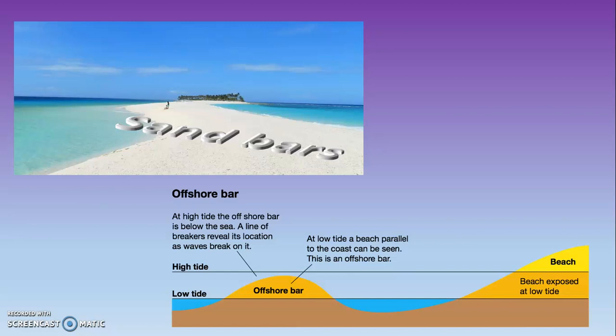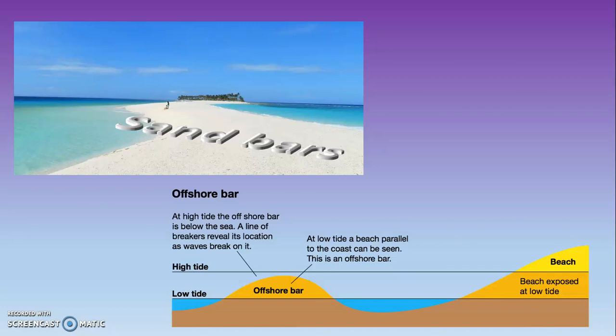How does a sandbar form? A sandbar or bay bar is very similar to a spit. It is a ridge of sand or shingle that joins two headlands either side of a bay.